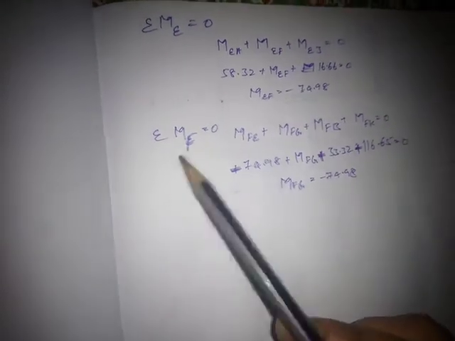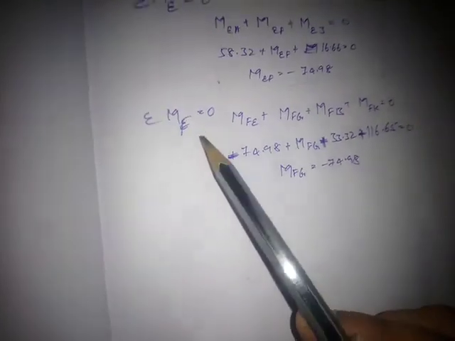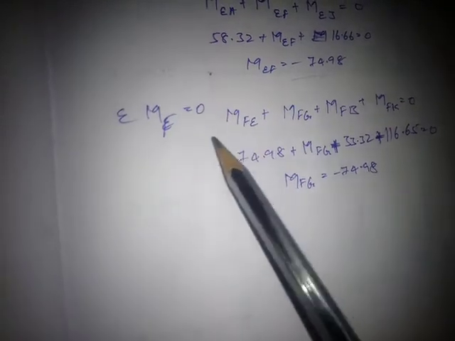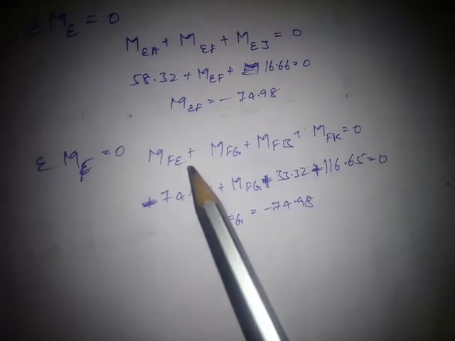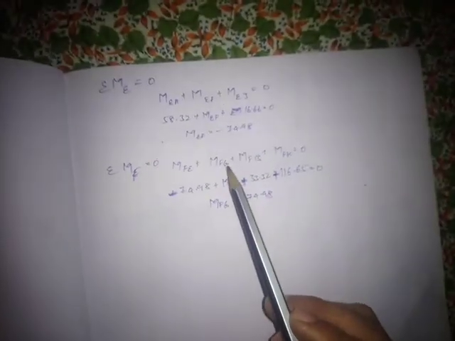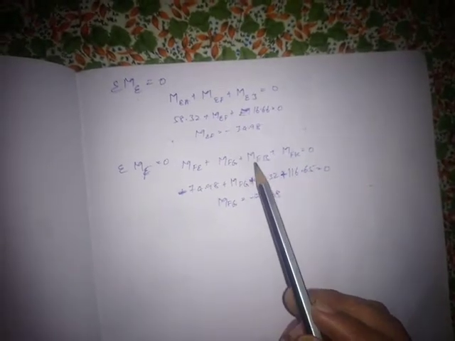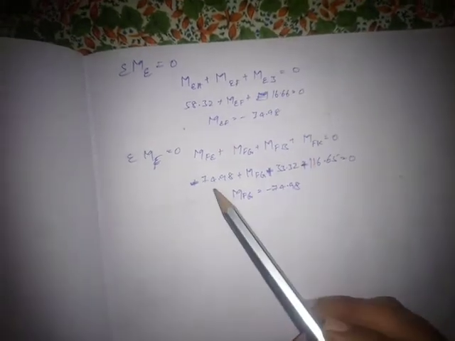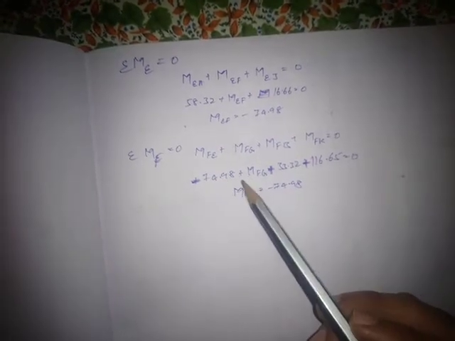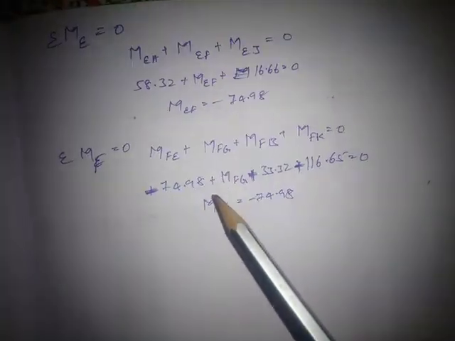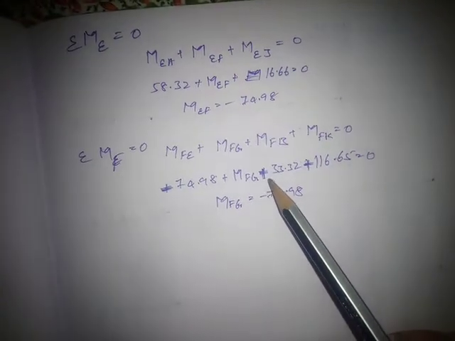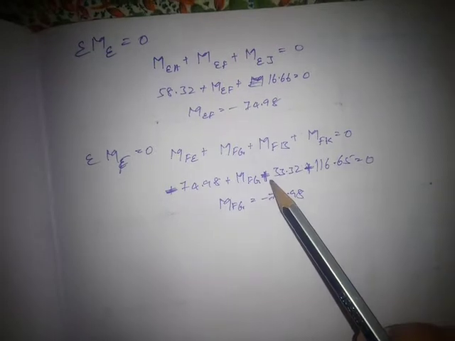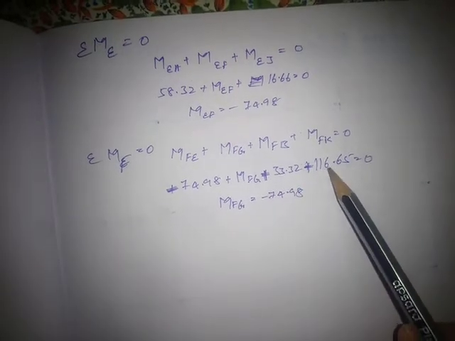And for that, sum of moments about F equals 0, that is MFE plus MFG plus MFB plus MFK equals 0. MFE is 74.98 and MFG is unknown, so we are finding it out.